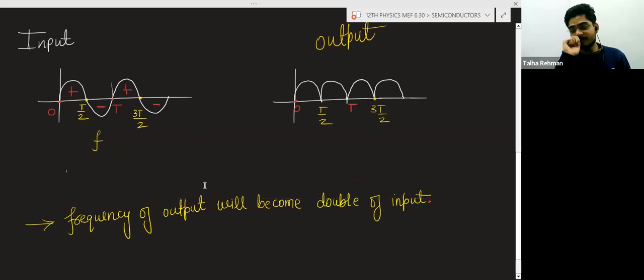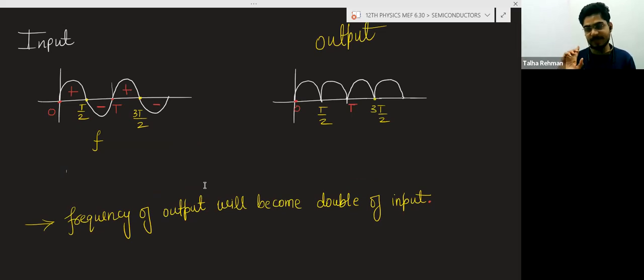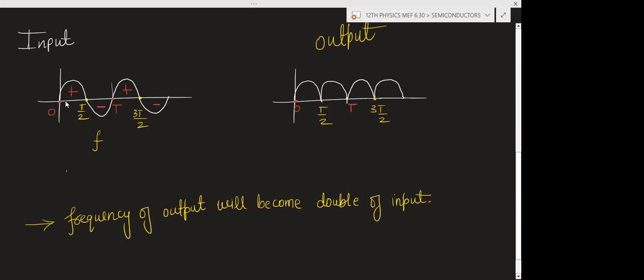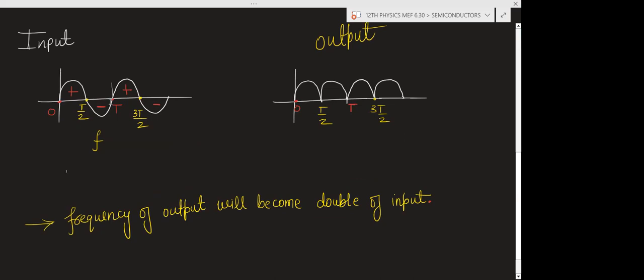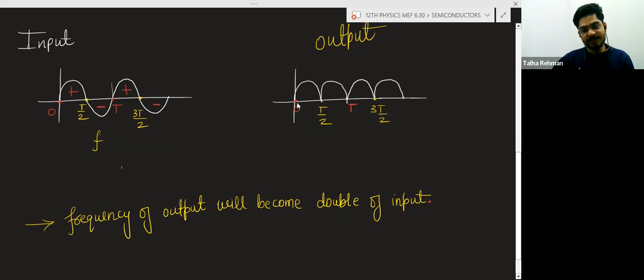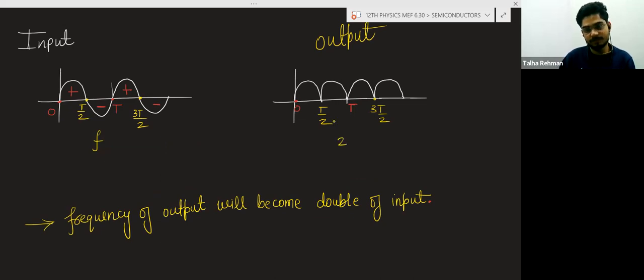Basically, the frequency is the number of waves in one time period or in 1 second. So in 0 to T, how many waves are there in the input? Only one wave. So the frequency is F. But here, in the 0 to T time period, how many waves are there? Two waves are there. So the frequency will become double.